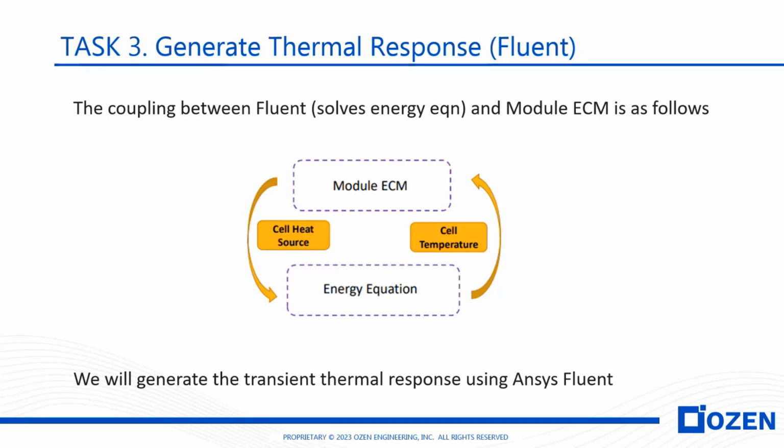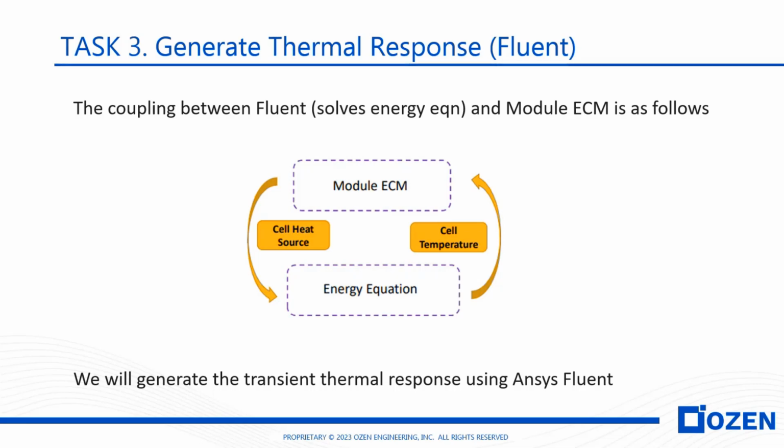So we're now up to task 3. So far, so good. The Fluent portion of the workflow is the most involved, and the reason we're doing this is we're going to use Fluent as our energy equation solver and provide the cell temperature information from Fluent and couple it back to our ECM model.